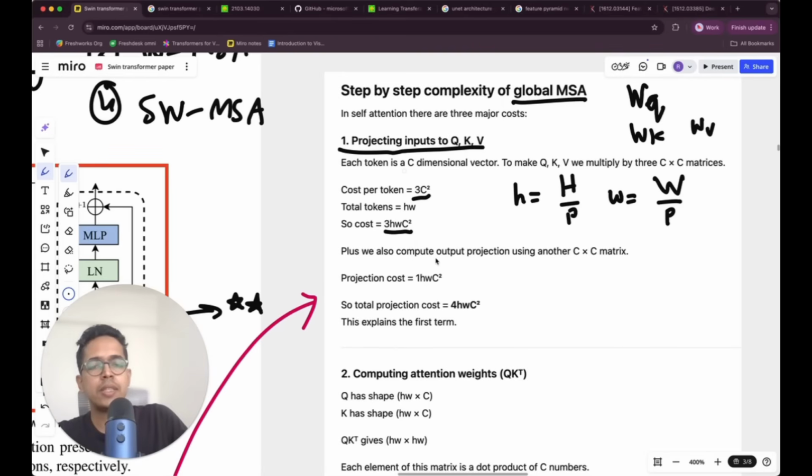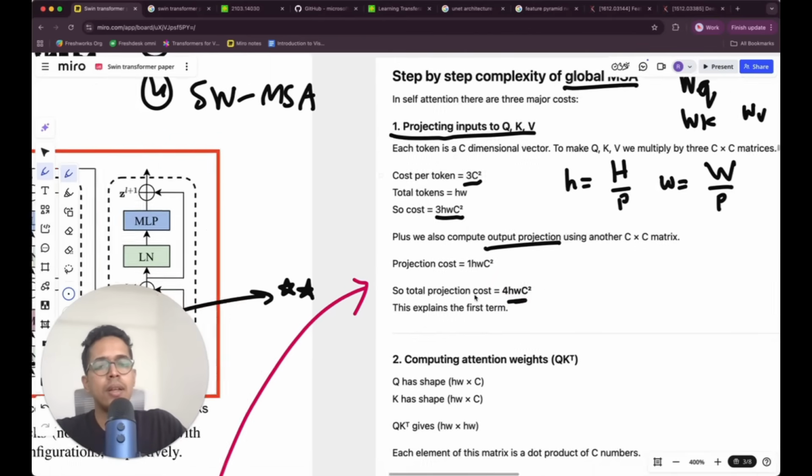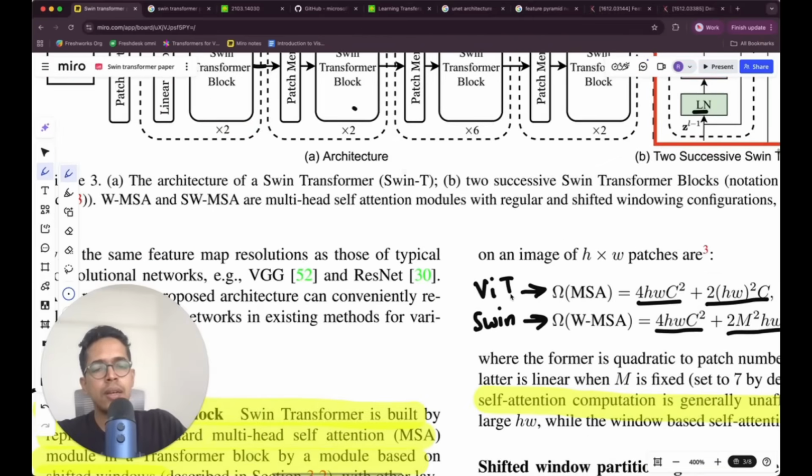This projection is another layer which projects from C-dimensional space to C-dimensional space. So there will be one more C square matrix for every single token, which is C square multiplied by HW. So 3C square multiplied by HW plus C square multiplied by HW gives 4C square HW. This is the calculation for the first term.